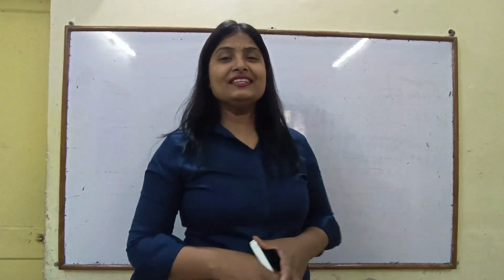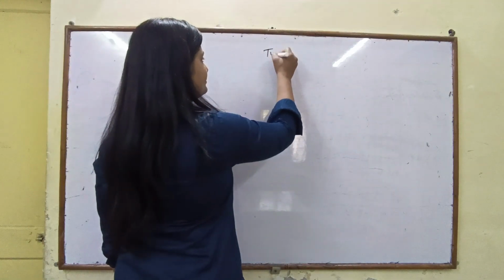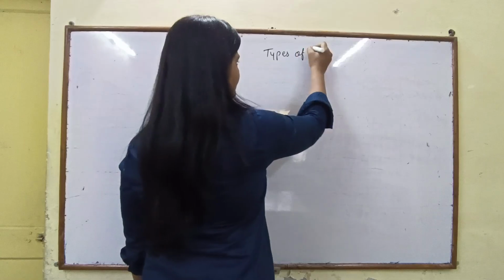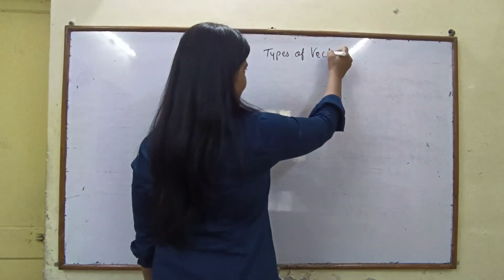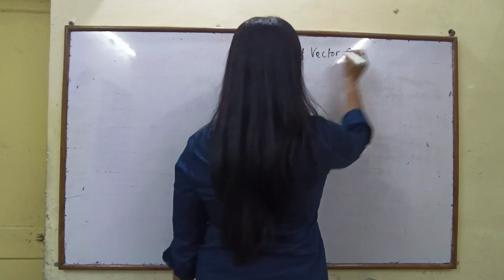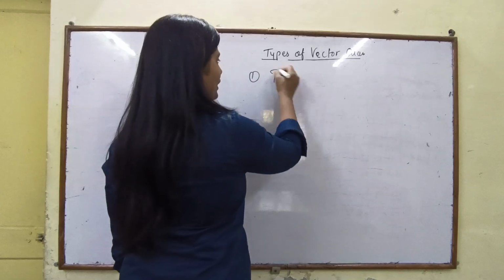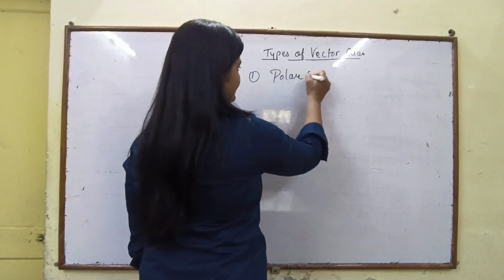Now we will discuss the types of vector quantities. First, polar quantities.